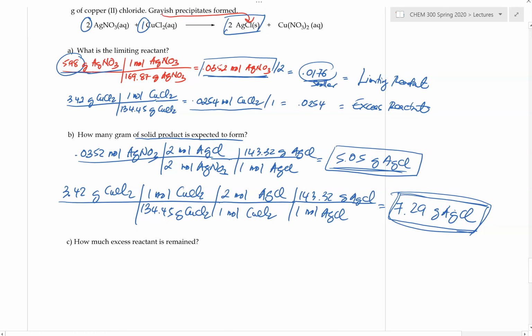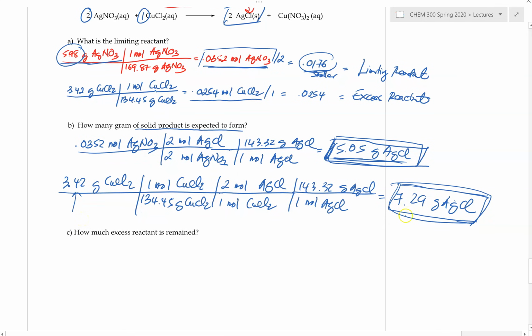So by the time we make this much product right here, 5.05 gram of the product, we'll be running out of the silver nitrate. So the reaction will be stopped, right? So in reality, we'll only be able to make this much product right here. But then the excess amount of copper chloride will not be used up. So not the entire 3.42 gram of the copper chloride would be consumed, but only a certain amount of it.